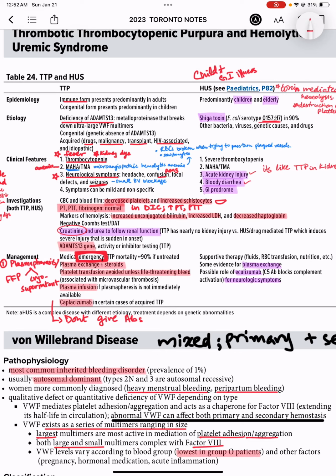At this point, TTP differs from disseminated intravascular coagulation, because in that, as its name indicates, there is coagulation as well as fibrinolysis going on. So basically in that, all of the lab results would be abnormal. So there would be increased PT and PTT.